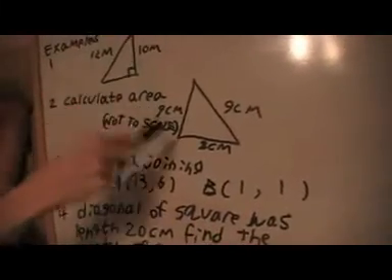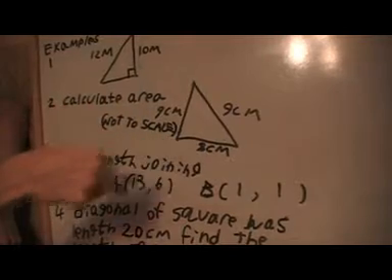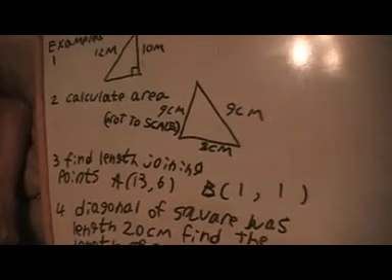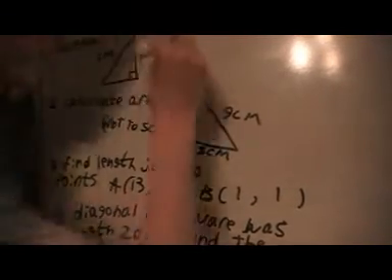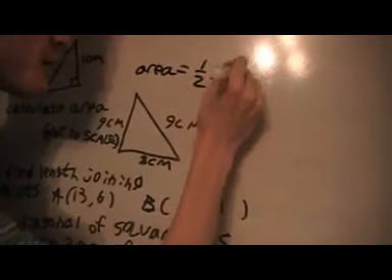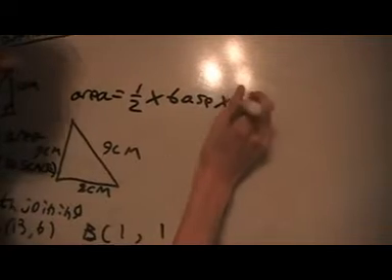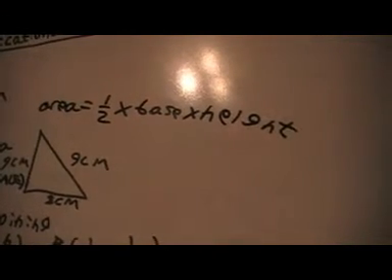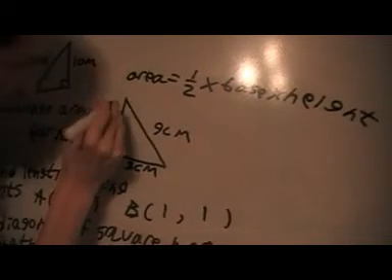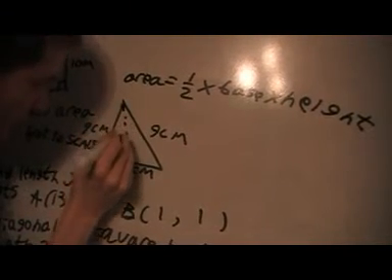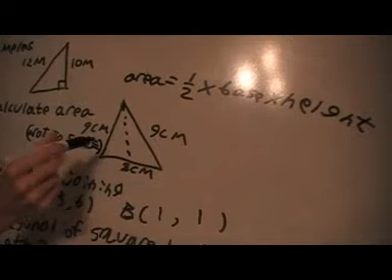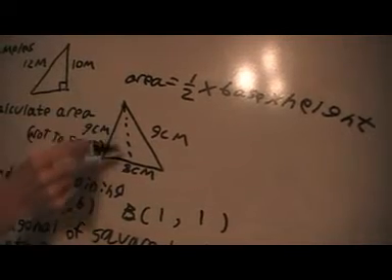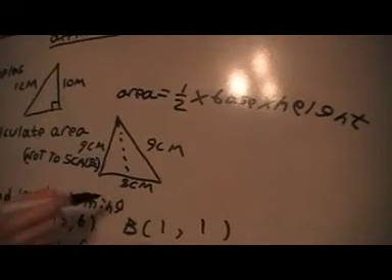Next one, we've got a triangle here and we want to find the area, but remember the area of a triangle is 1/2 times base times height, and the height is this here, so we need to find this length here, and then we can find the area.